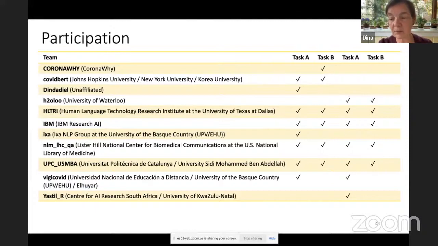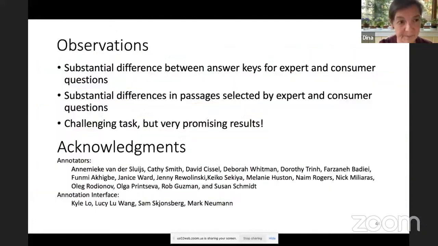One team performed better for consumers and the other team performed better for the clinicians, and these were 2 different systems. But hopefully we can combine these results in the future so that we don't build separate systems for every type of question answering task.